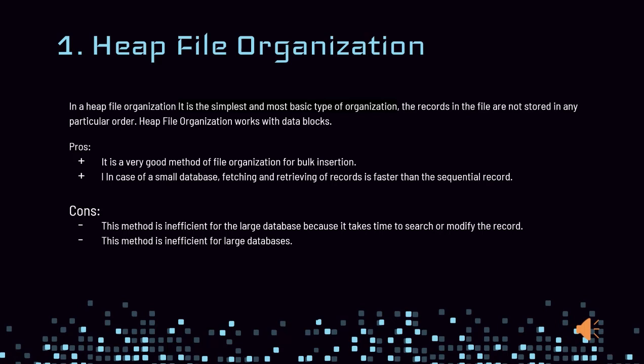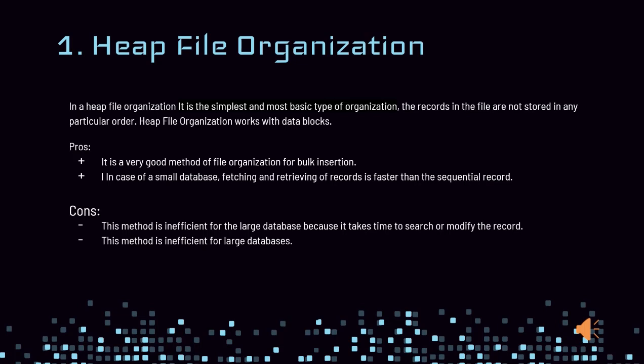The pros: the first one is, it is a very good method of file organization for bulk insertion. If there is a large amount of data which needs to be loaded into the database at a time, then this method is best suited. The second pro is, in case of a small database, fetching and retrieving of records is faster than the sequential method.